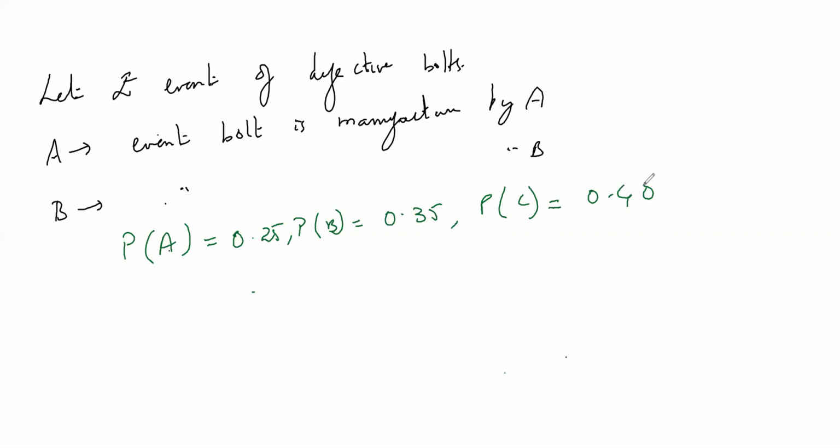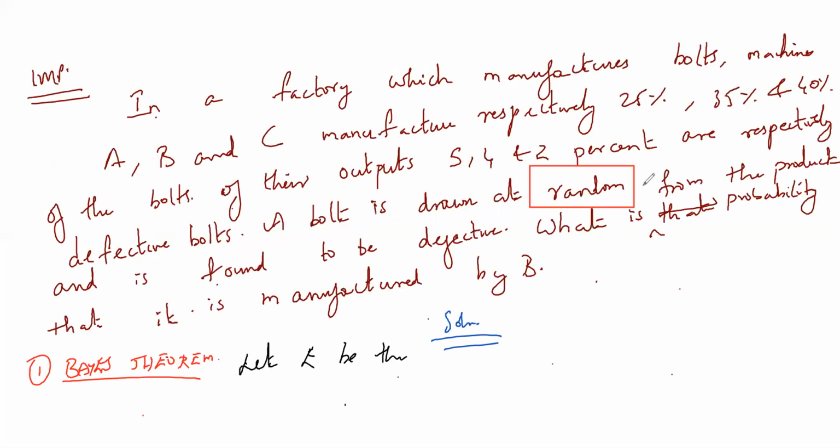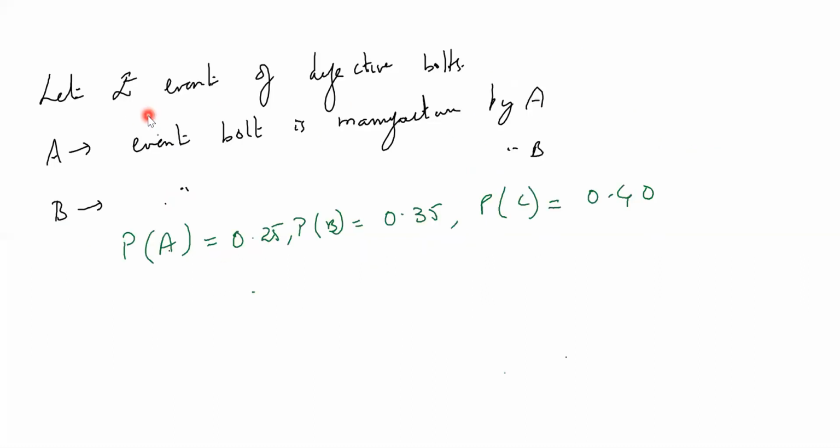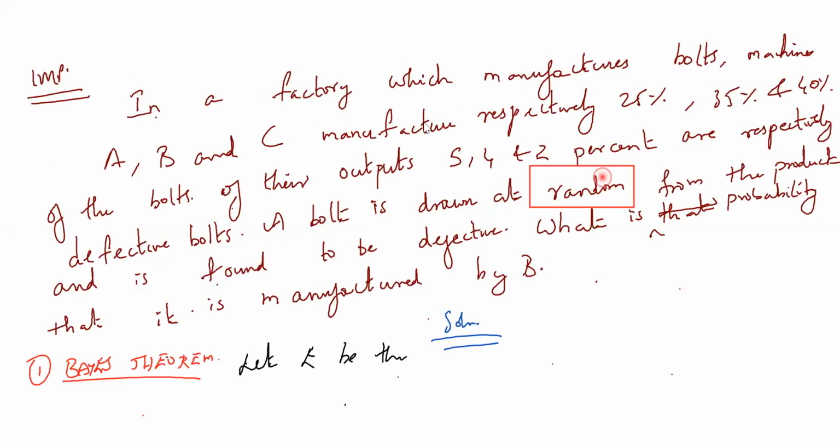Now again coming back to this, 5, 4 and 2% respectively, what are defective bolts? So which means what I told here, defective bolt is E, correct? So defective bolts produced by machine A, I'll give P of E by A. Defective bolts in machine A is 5%, because everything mentioned here is in percentages respectively, 5, 4 and 2%.